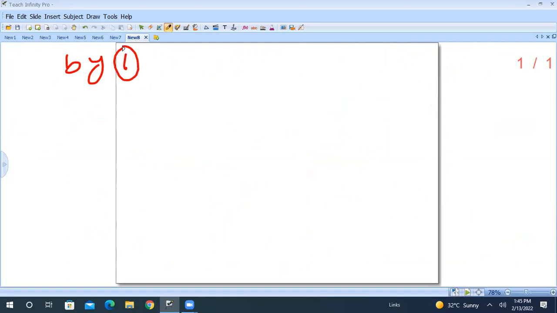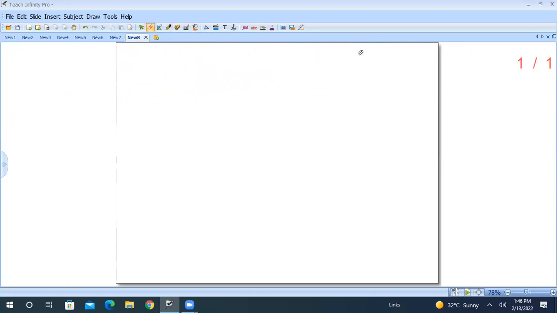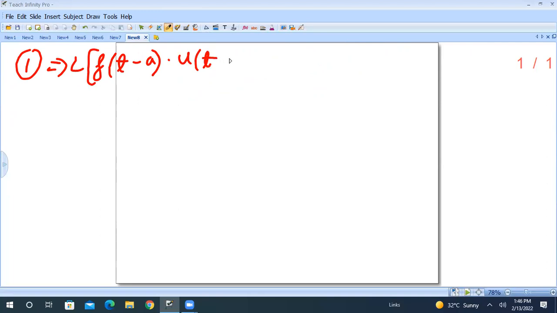By equation 1, L of f of t minus a into u of t minus a, that is, integration from v is equal to 0 to infinity, we write the values here.